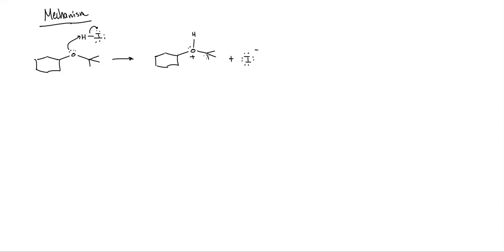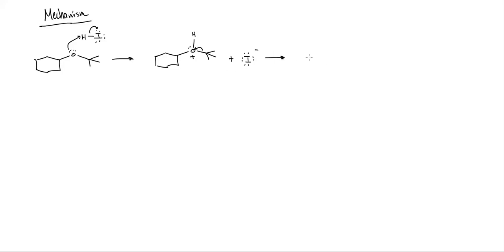So now if we look at this, we have a 3-degree and a 2-degree. Neither of those are going to necessarily want to go through an SN2, right? So what's going to happen is the more substituted one is going to leave, all right? So in this case, the more substituted one is going to be this one. So these electrons are going to go onto the oxygen, okay?